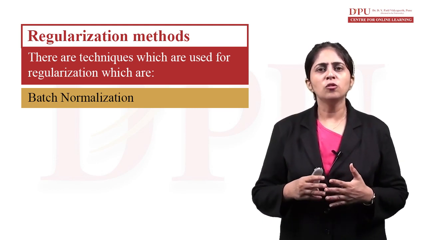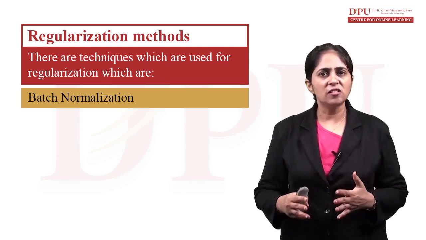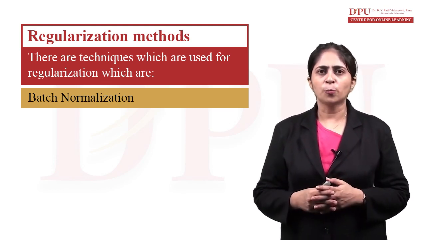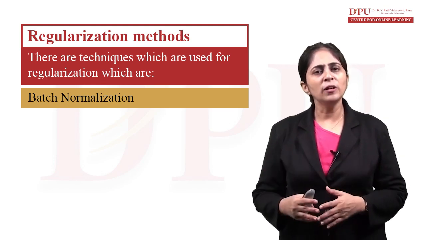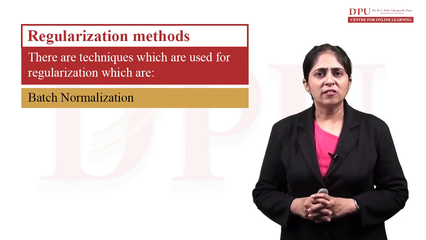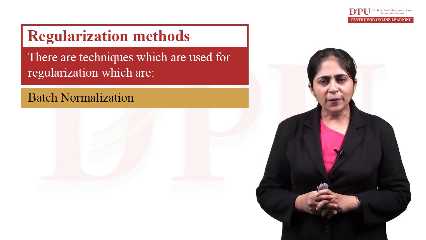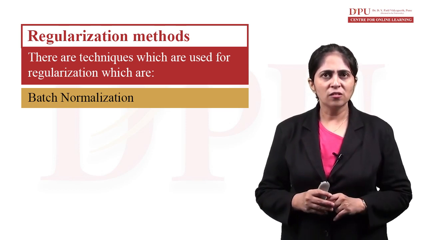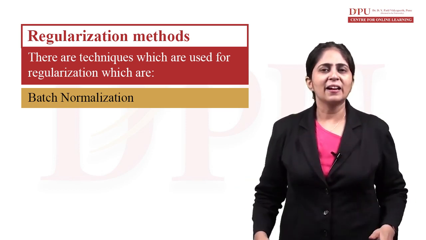The idea is to normalize the input of each layer in such a way that they have a mean activation output of 0 and a unit standard deviation. Here in batch normalization, we compute the mean and the standard deviation from a mini batch, not from the entire data.